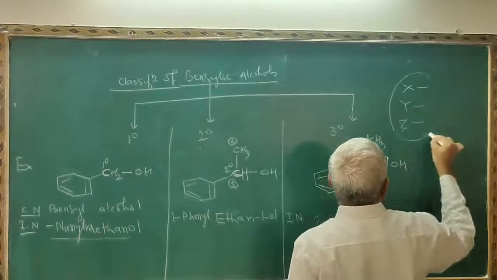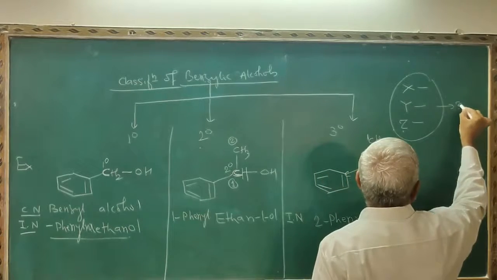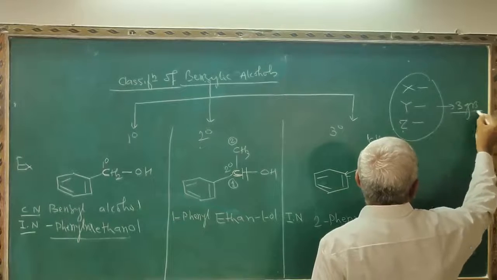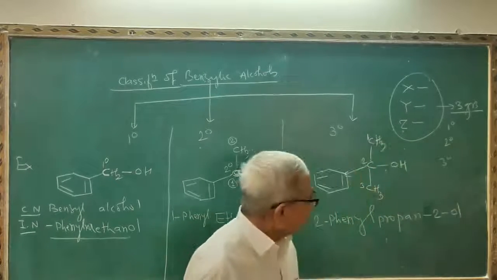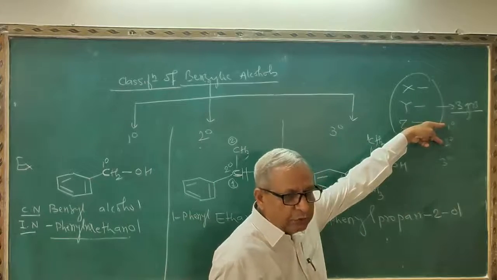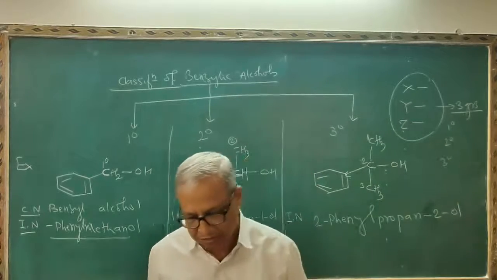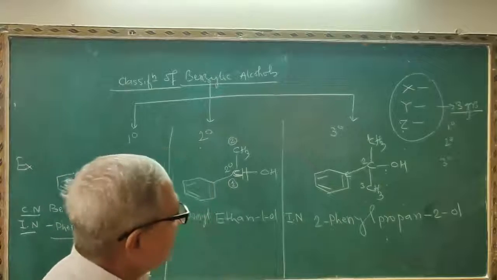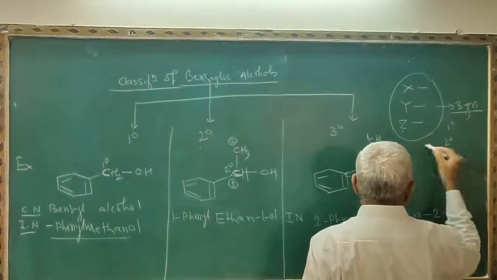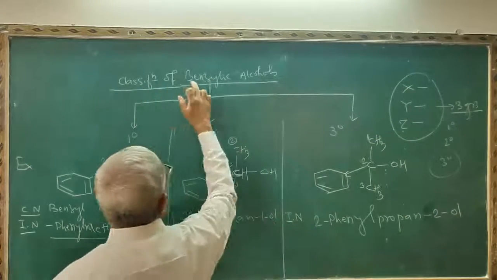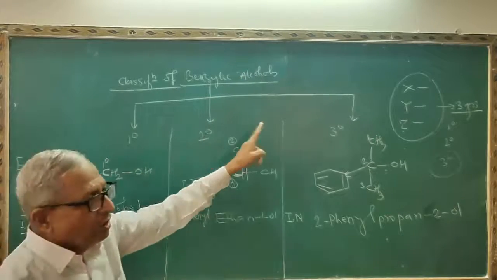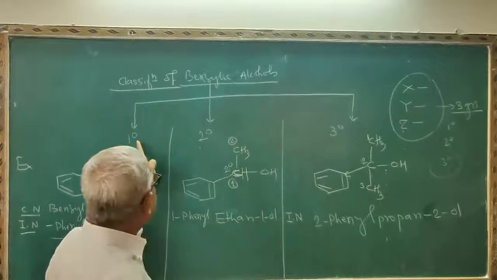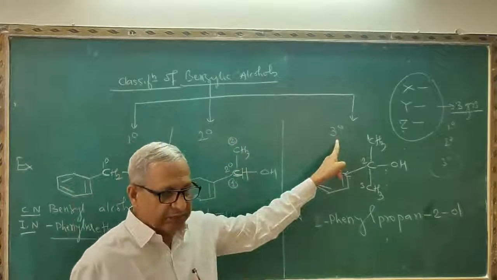Remember that all of these 3 are classified into 3 groups or types, that are primary, secondary, and tertiary. Yesterday we completed these 2, and just now I completed this 3rd one. So take a brief revision on point number 3, that is classification of benzylic alcohols. Benzylic alcohols are classified into 3 types: primary, secondary, tertiary.